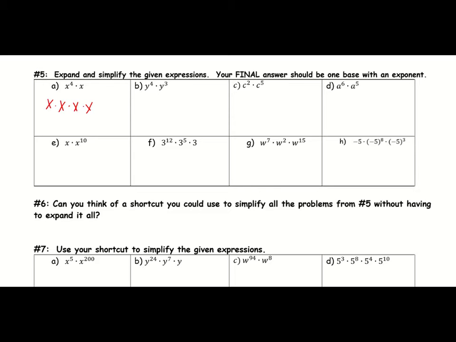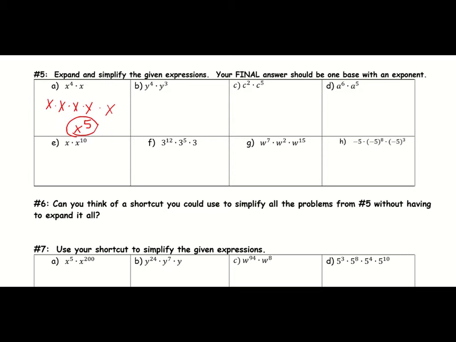And then that's also being multiplied by another x. So if I count up how many x's I have all together, this would be my base is x. And how many x's do we have all together? 1, 2, 3, 4, 5 to the 5th power. So x to the 4th times x would be the same thing as x to the 5th power.